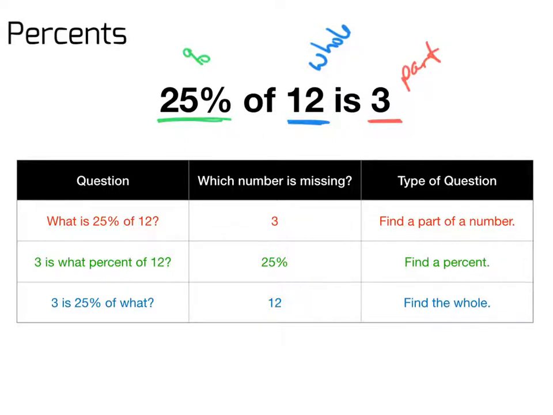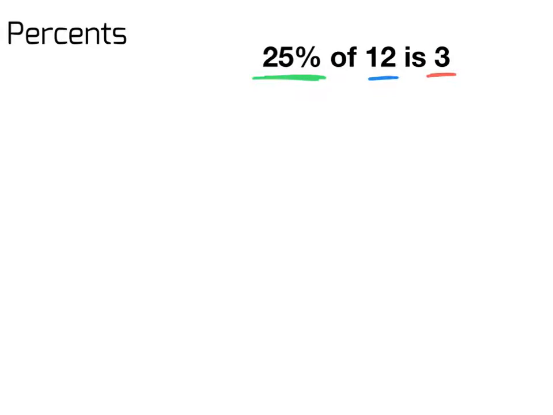And in 6.3, they're going to teach us how to find the missing number using a percent proportion. Again, in that example, 25% of 12 is 3. We have a part represented as the 3. And we're going to write a proportion model that you can use to solve any problem. I'm going to use my part. Part is represented by the letter A, over my whole number.